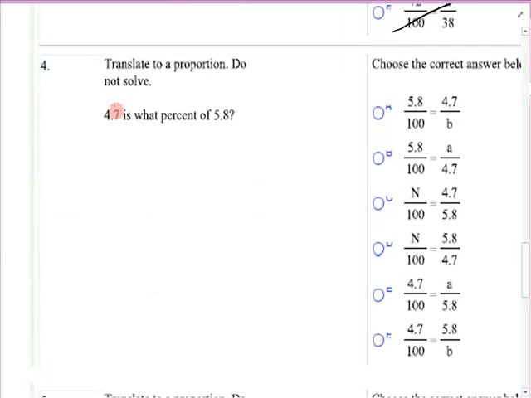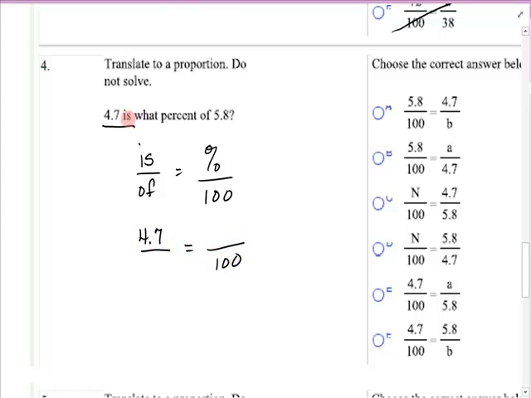Okay, this one changes up. Remember, is over of equals percent over 100. 4.7 is, goes in the is spot. What percent? The percent is unknown. Put an X in the percent spot. Of 5.8. 5.8 is in the of spot. So look over here.